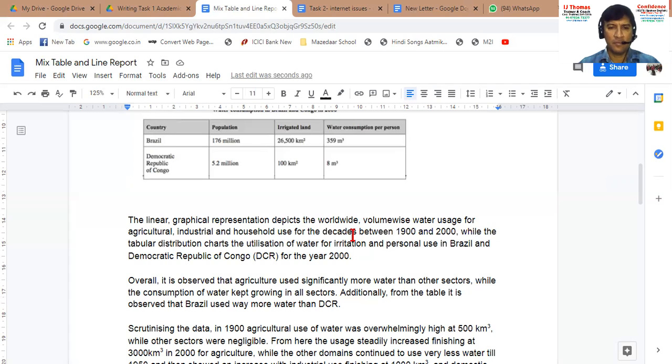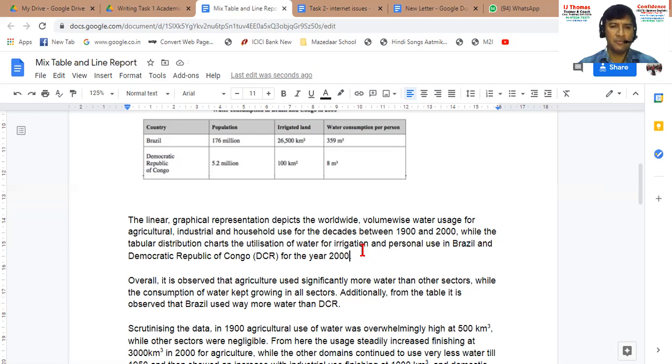Is that irrigation spelling correct? That's wrong? And personal use, and irrigation and personal use in Brazil and Democratic Republic of Congo for the year 2000.